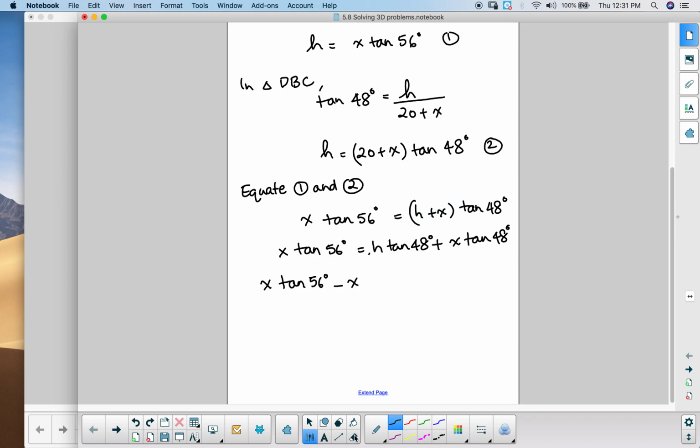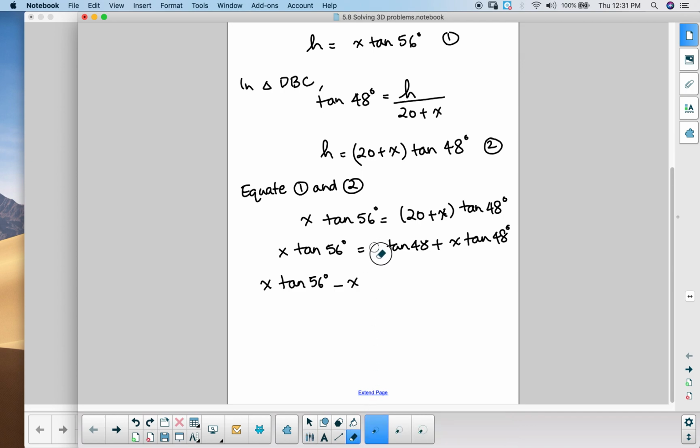There's not H, this is 20 over here. Just going to correct that. This is equal to 20 plus X times tan 48.